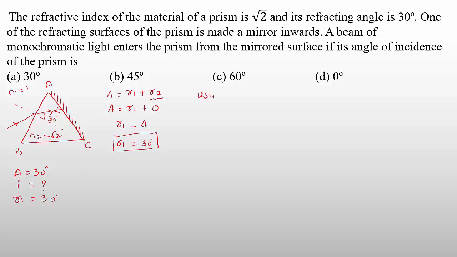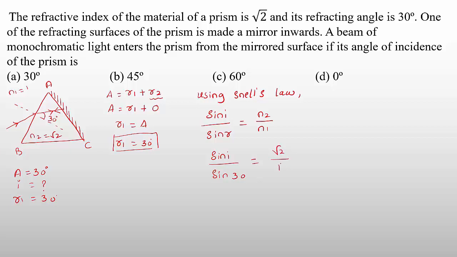Then now we can use Snell's law. So using Snell's law, we have the equation, that is, the ratio of the sine of the angle of incidence to the sine of the angle of refraction remains constant. That constant is called the refractive index. So that is N2 divided by N1. Now substitute the values. Sine I divided by sine 30 degrees is equal to N2 which is √2, N1 is 1.